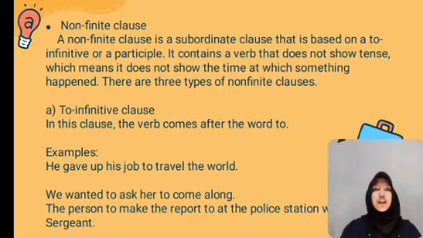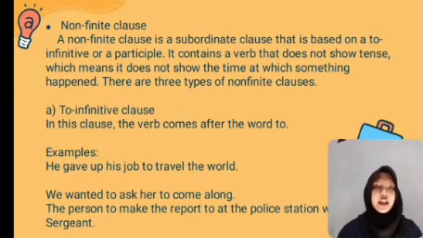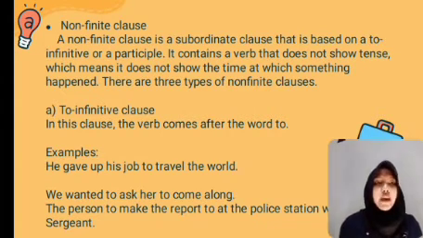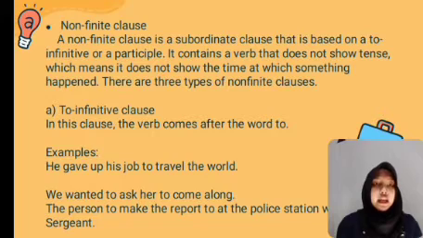Next, non-finite clause. A non-finite clause is the opposite of a finite clause, because a non-finite clause is a subordinate clause that is based on a to-infinitive or a participle. It contains a verb that does not show tense, which means it does not show the time at which something happened.